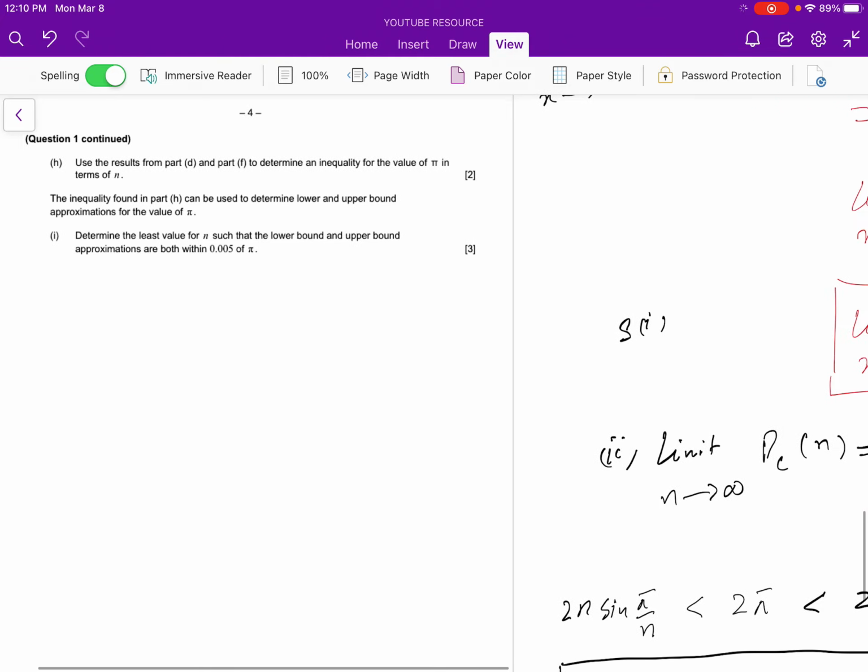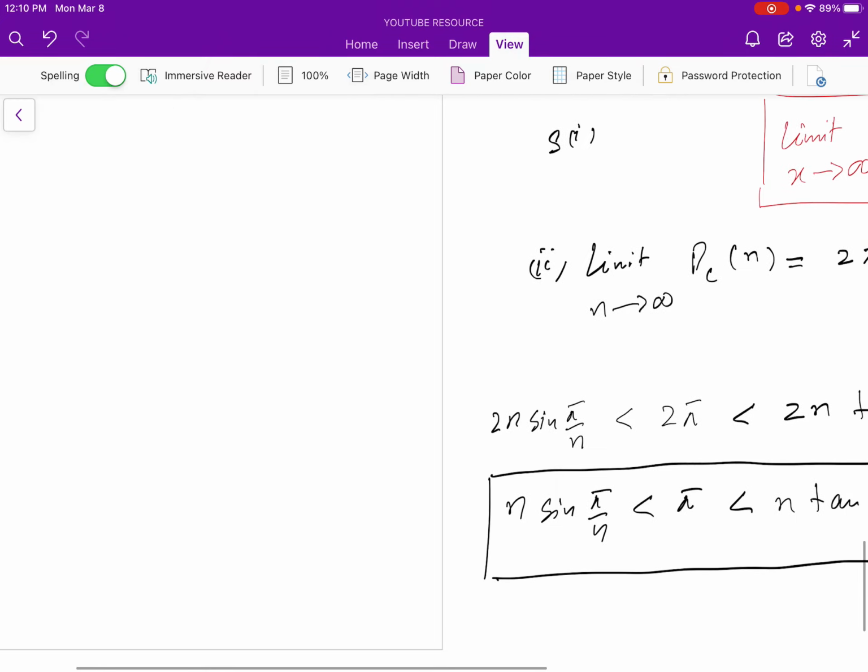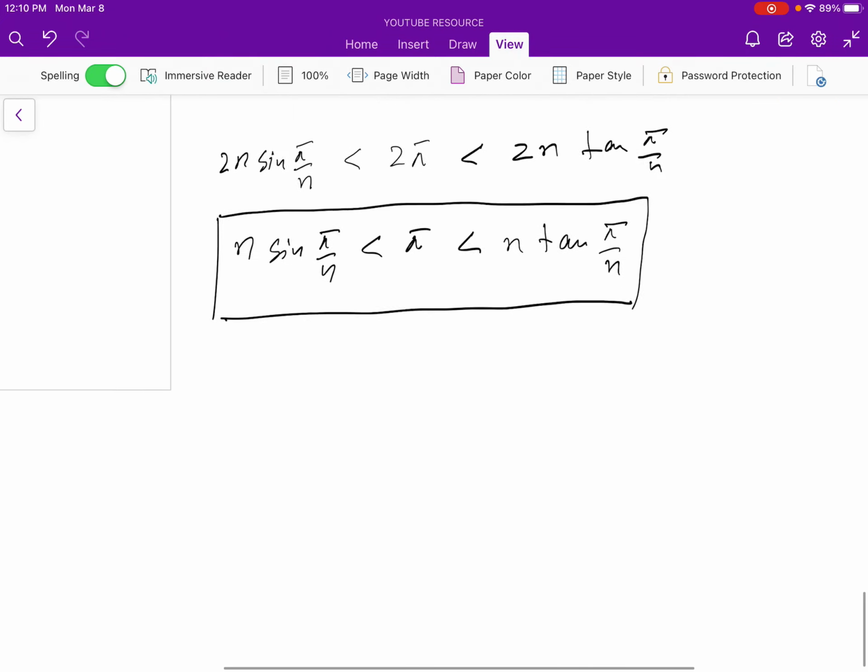Okay, now the last part is they said the inequality found in part H can be used to determine the lower and the upper bound of the approximations for the value of pi. So in this part they are saying determine the least value of n such that the lower bound and the upper bound approximations are both within 0.005 of pi. So what does it mean within 0.005 of pi?